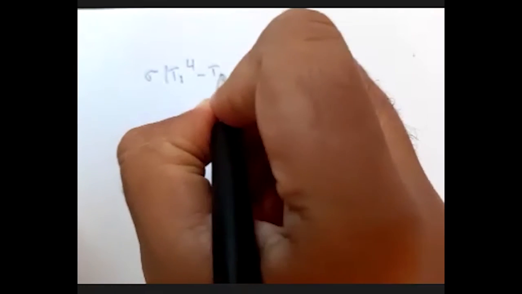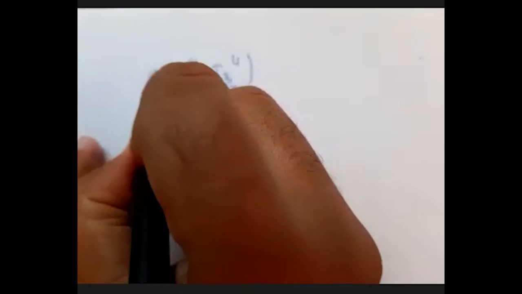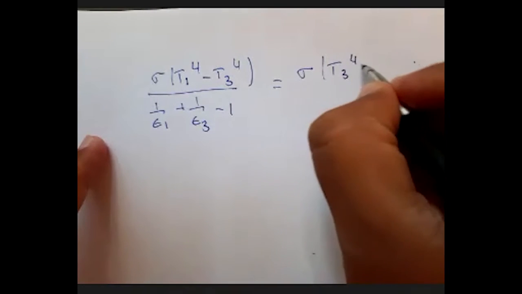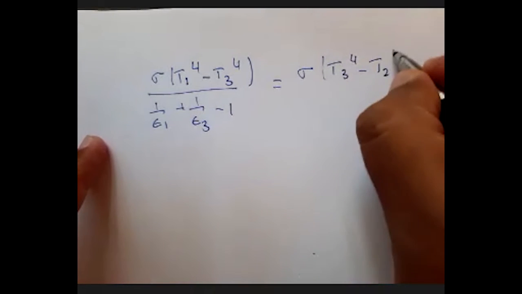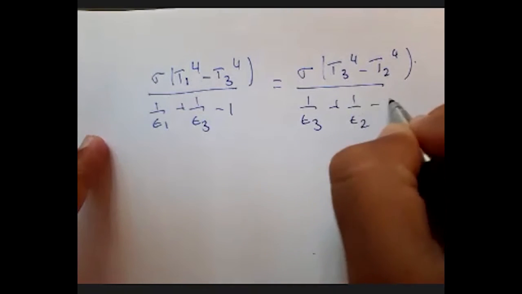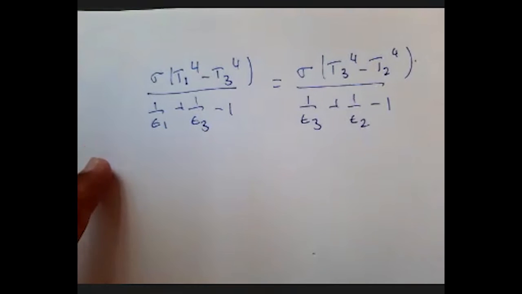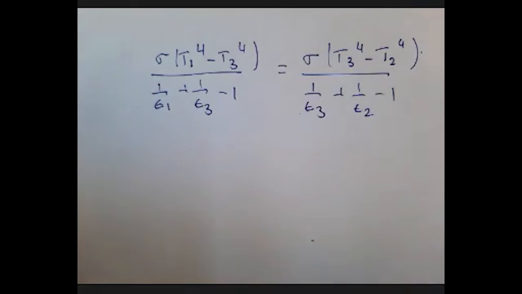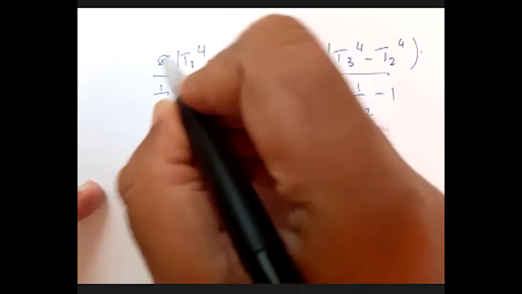So to find out T3, I equate those two terms, that is sigma into T1 raised to 4 minus T3 raised to 4 divided by 1 upon emissivity 1 plus 1 upon emissivity 3 minus 1. This is sigma into T3 raised to 4 minus T2 raised to 4 divided by 1 upon emissivity 3 plus 1 upon emissivity 2 minus 1. Then sigma gets cancelled.